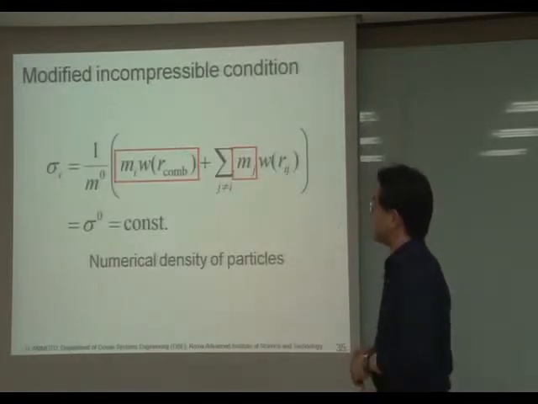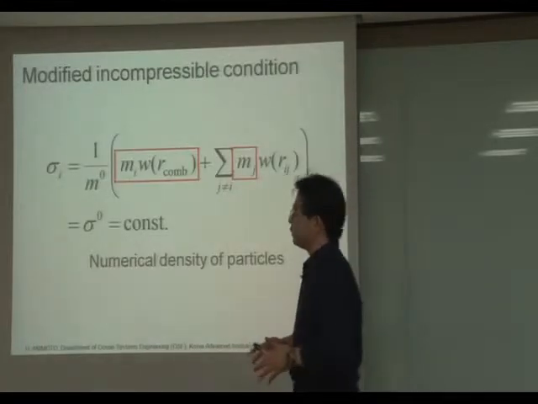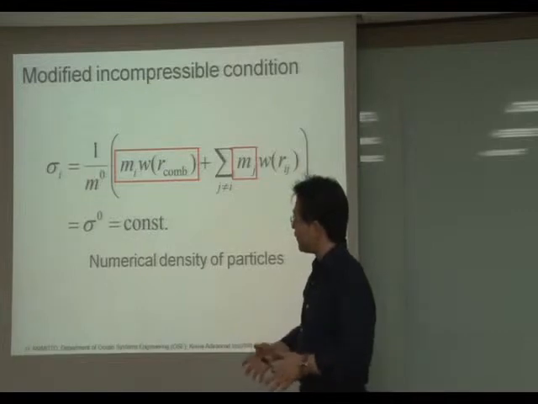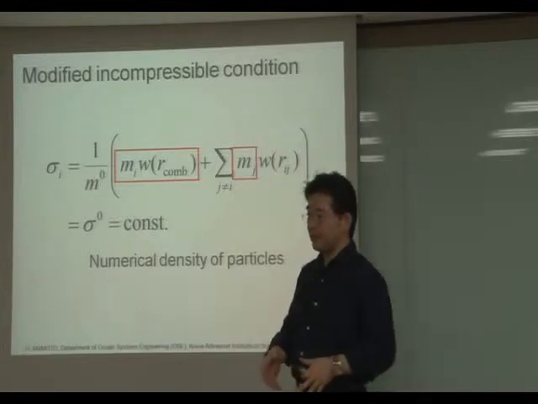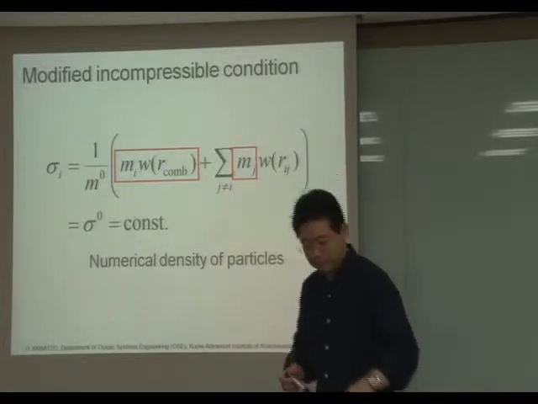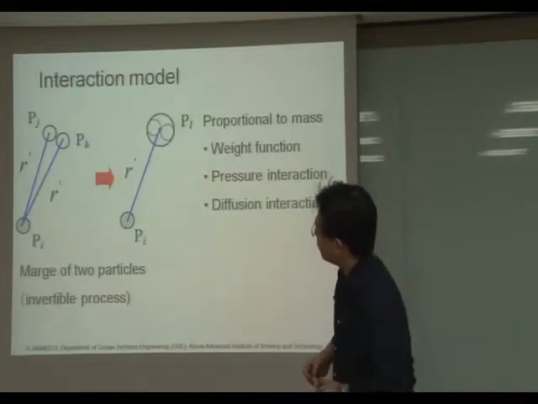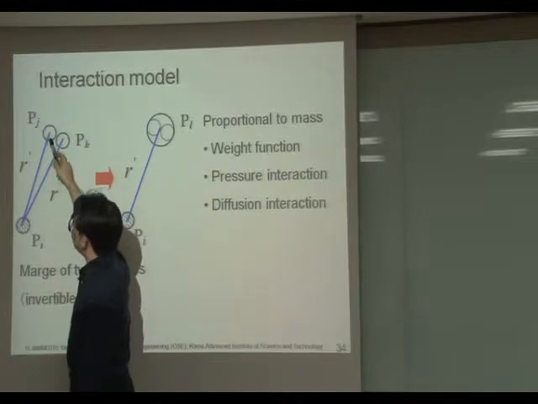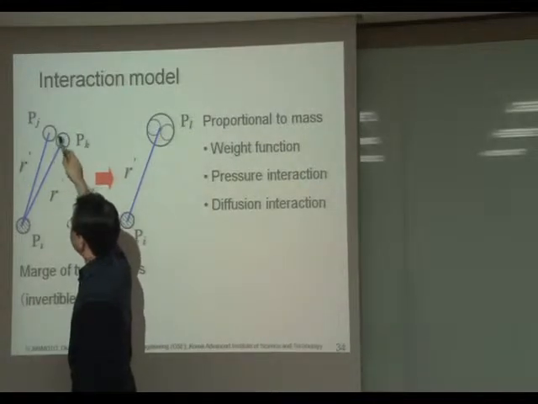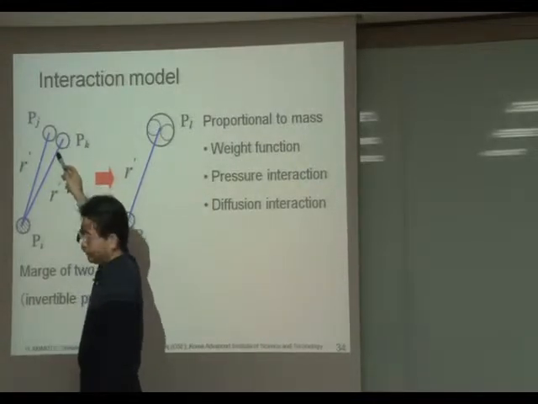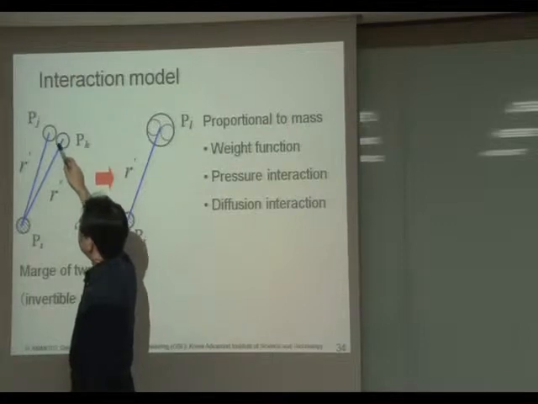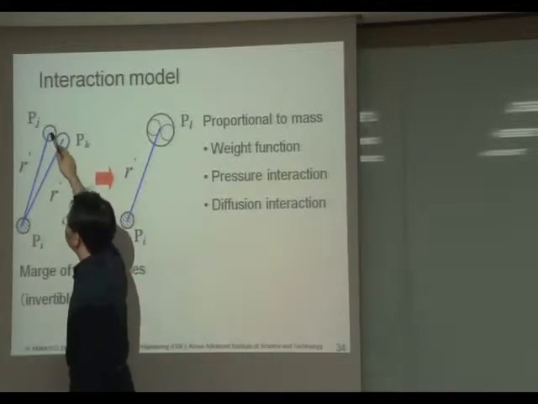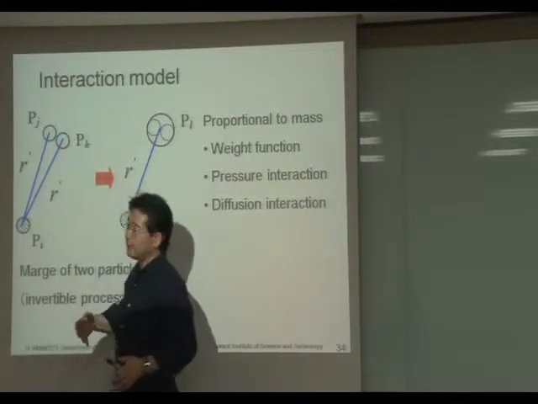The main problem occurs in the leveling of particle number density. Before merge, particle J have very close neighbor particles. So particle number density at this point is high.